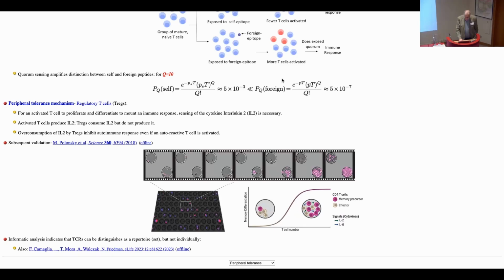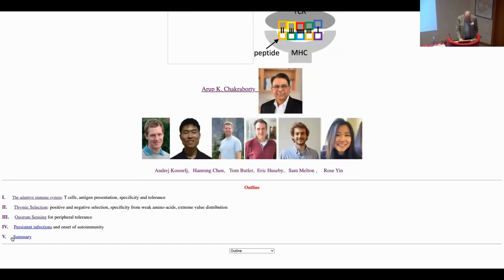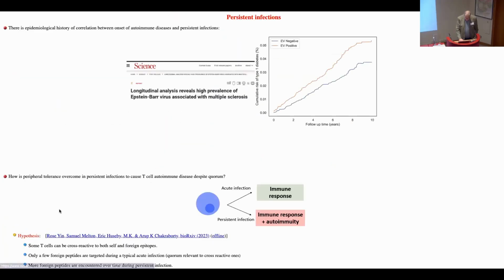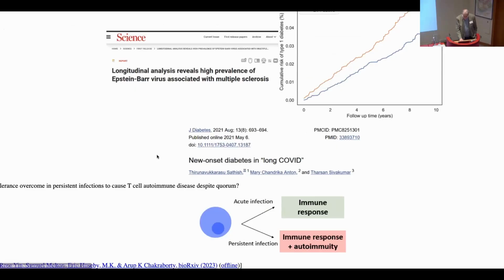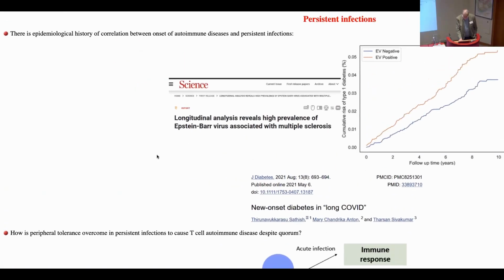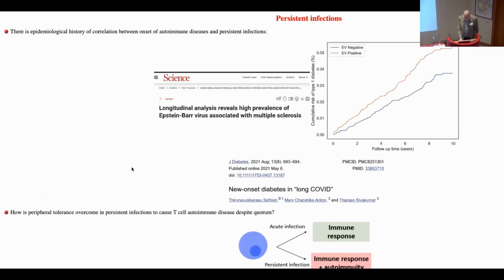Now, the final part of the story that I will tell is that there is another interesting thing that you may have heard of. That is, there is a correlation between onset of autoimmunity and being exposed to some infection.